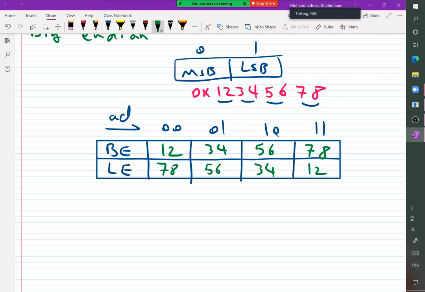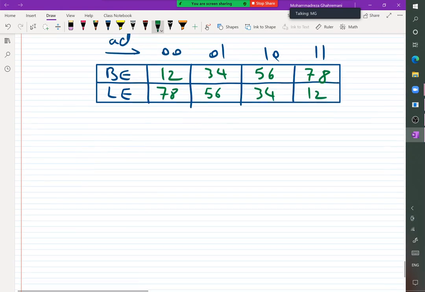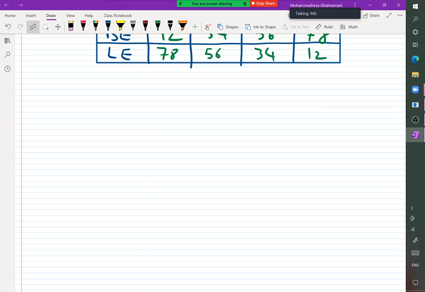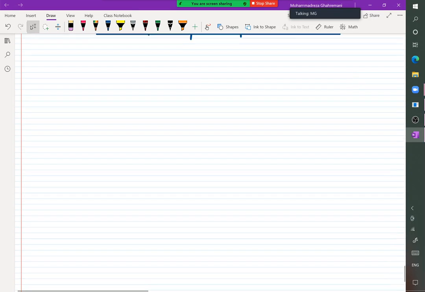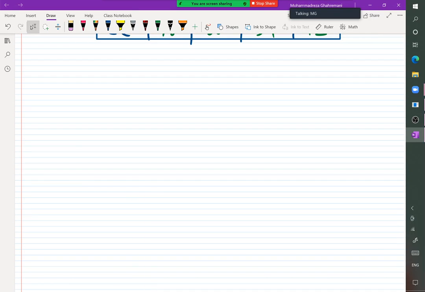Okay, I want to have a larger example which helps us to better understand the difference between Little Endian and Big Endian.